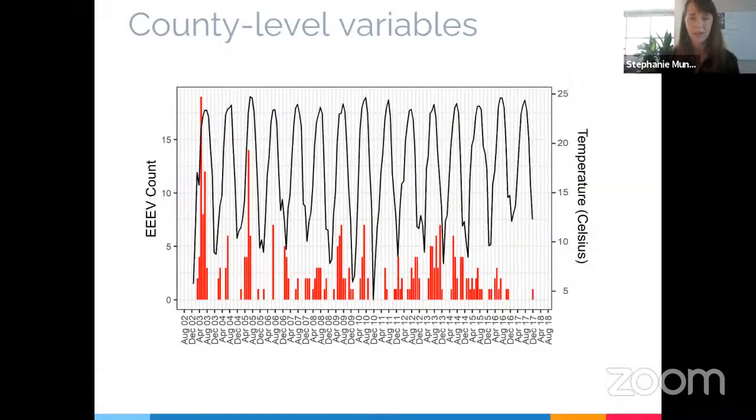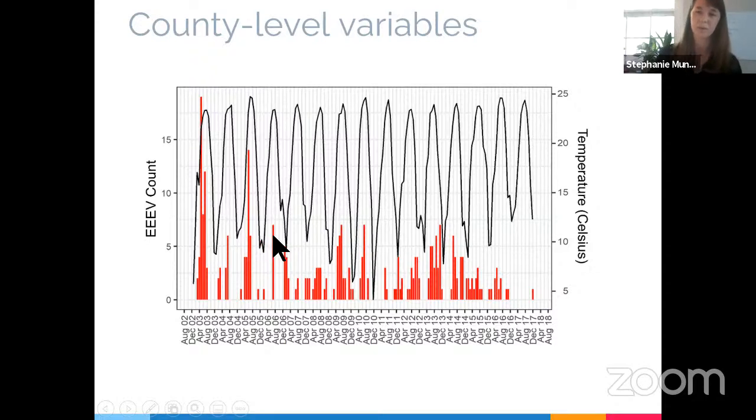So exploring the county level variables that were used in the county level model. Across these next three graphs, the black line represents the explanatory variable, and the red bars represent the monthly count of EEE. So this is looking at temperature, and we see that there are pretty high peaks that often coincide with the peaks in temperature.